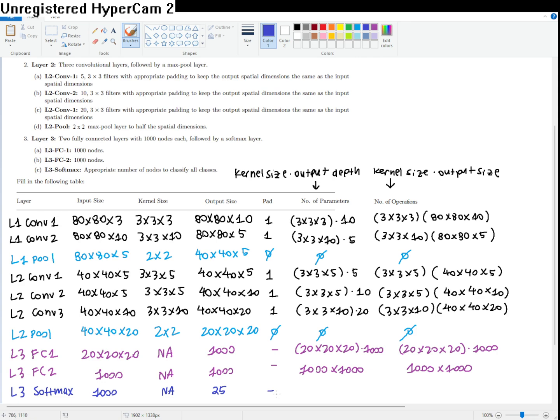And then 25 times 1,000 here and here for the number of parameters and operations. Okay, in this case the kernel size is not applicable, so we're doing the input by the output. This is how many operations and parameters we're going to have. So we have this table filled out.